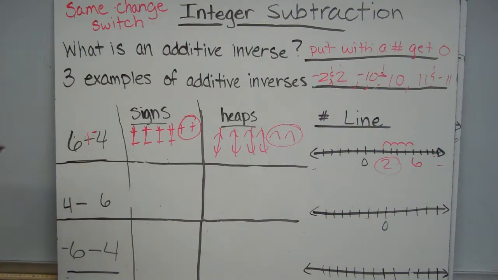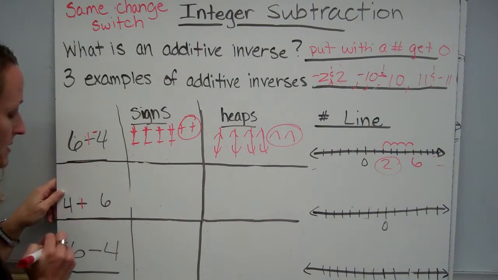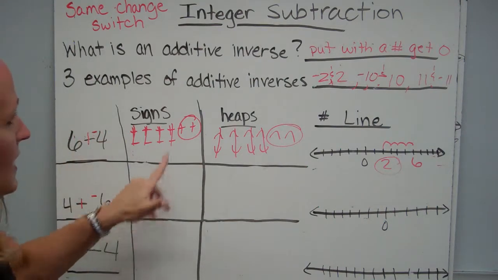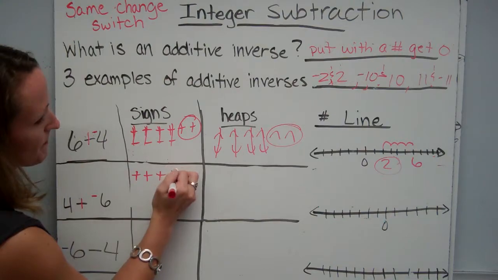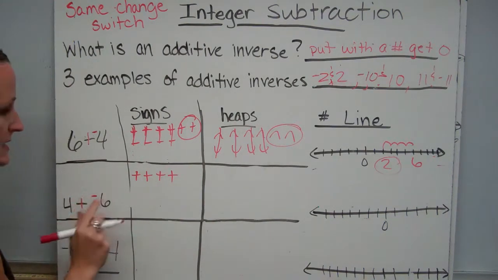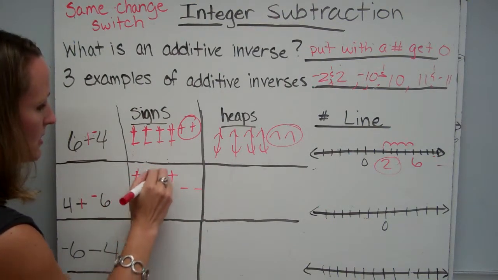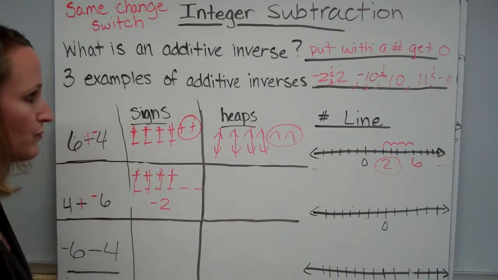So let's look at the next one. Same, change, switch. Keep the 4 the same, change my minus to a plus, switch my +6 to a -6. Now, signs, heaps, and lines. So by signs, I have 4 positives. I now know I need 6 negatives, which I can cancel out. So what do I get? -2.